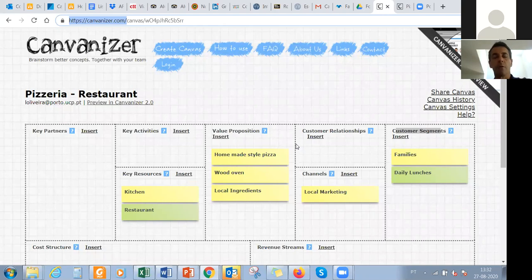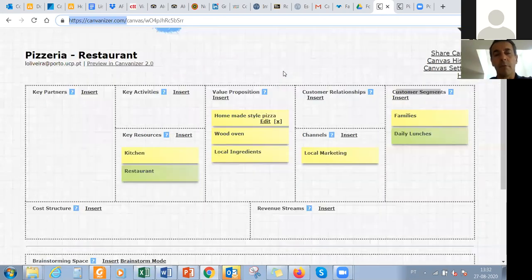This is what I would like to present as the kind of application we can get from using this canvas, to structure a thinking moment about business strategy.